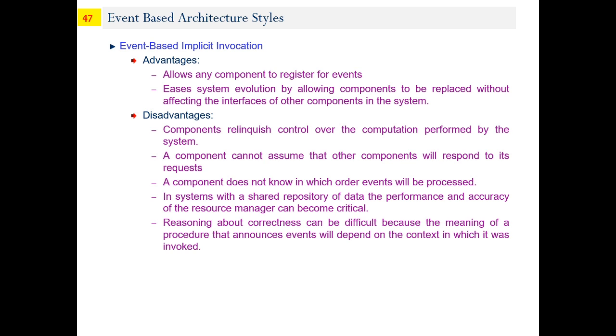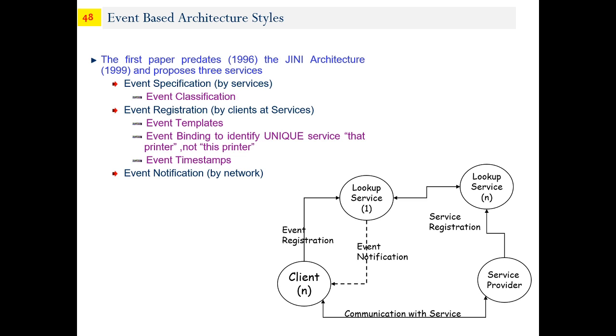So the components should always be in a listener's mode, asking whether they are being informed. An example of event-based architecture is the Genie architecture, provided with event specification by services and event registration by clients and services, with event timestamps, that is, within a definite time frame. The event has to furnish a result back to the clients.